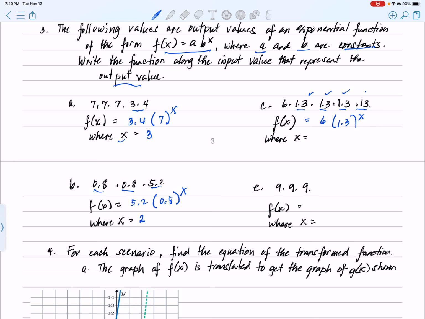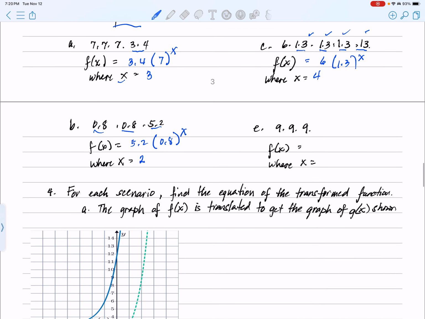Right? The last we have 9 times 9 times 9. We don't have an initial, that means f of x would be 9 to the power of x, and the x would be equal to 3. All right.